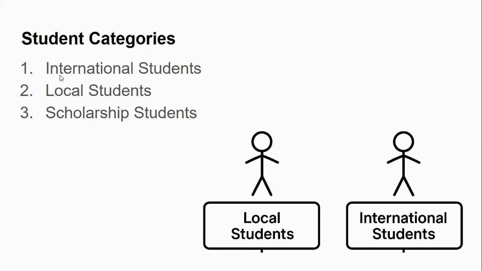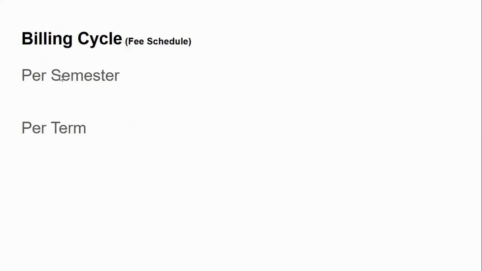So if your school does not have that, then you don't need the categories, but most schools have some form of categorization of students for billing purposes. So we do that in the system as well.